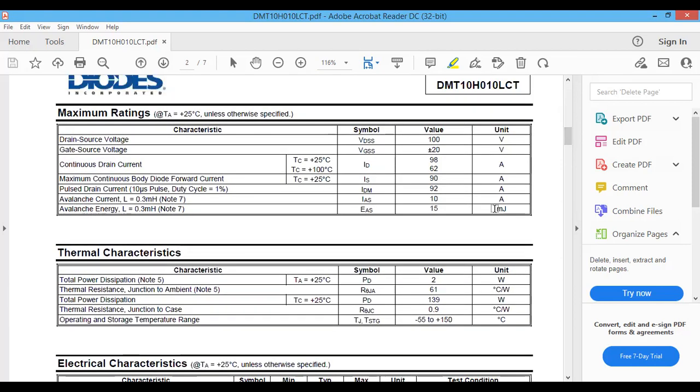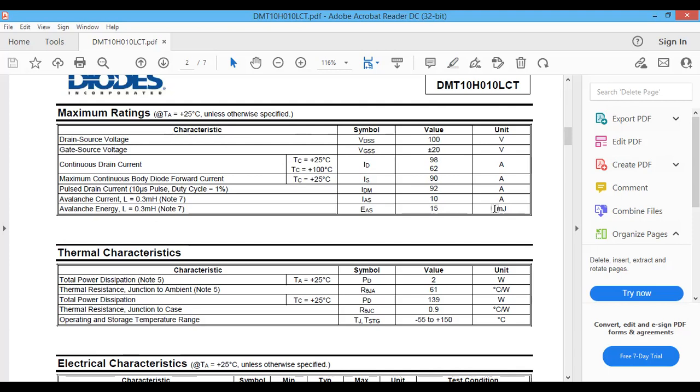Right. So the maximum ratings, these are the absolute maximum ratings. So if you exceed any voltage beyond that, the device will fail. So the VDS voltage should be limited to 100 volts, and your control signal to drive the gate voltage should be within -20 to +20.